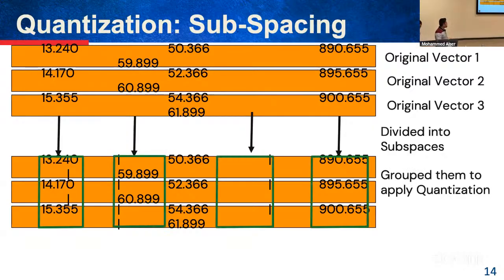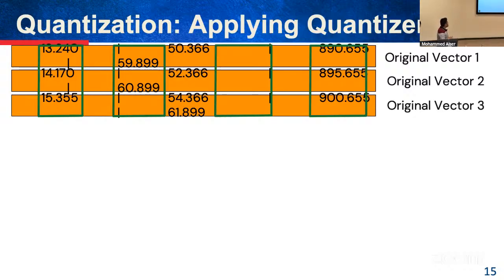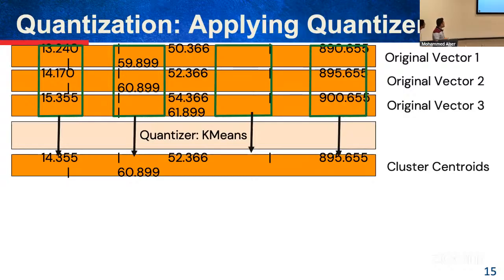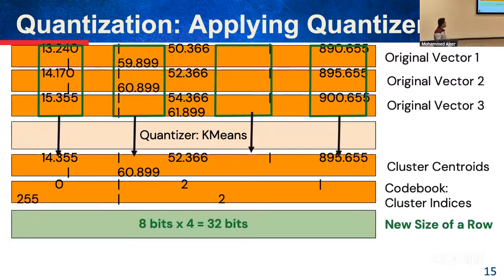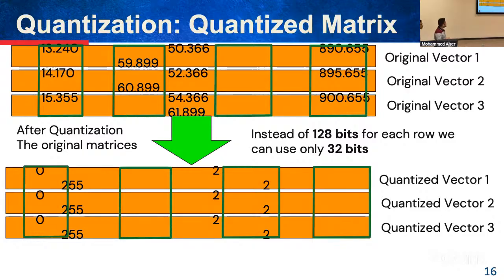Then we can group them together and use quantization. By using quantization, we get some cluster centroids, and each cluster centroid has an index, for example 0, 1, 2, and then each original vector we can transform into a code book.